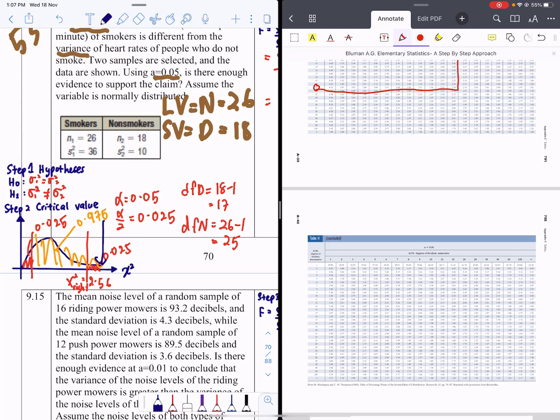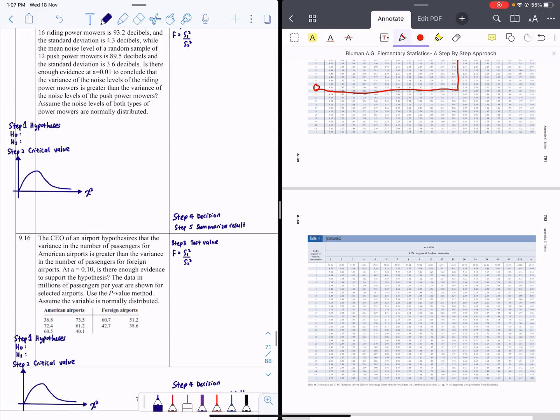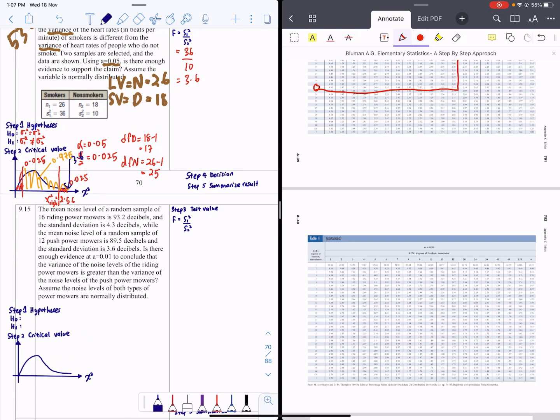Here is the location of 3.6. Then it falls in the critical region. When it falls in the critical region, we reject the null hypothesis, because we have enough evidence to reject it. For the other part, you can do it by yourself. We have two other types of examples here. You try by yourself. Okay, that's all from me. Thank you.